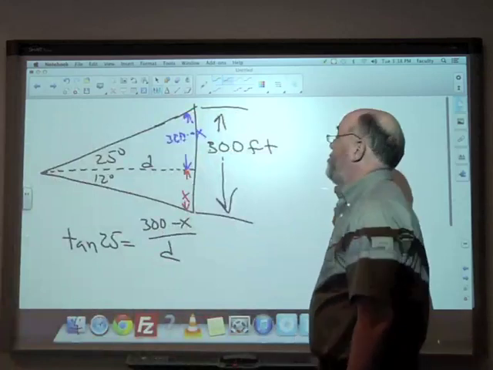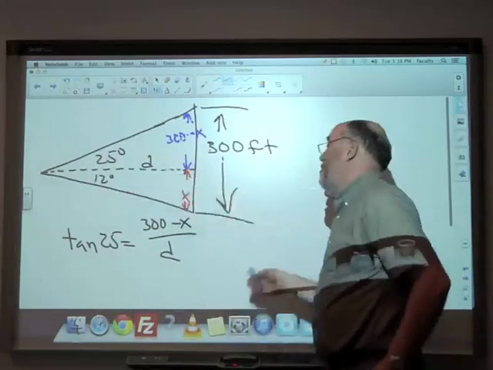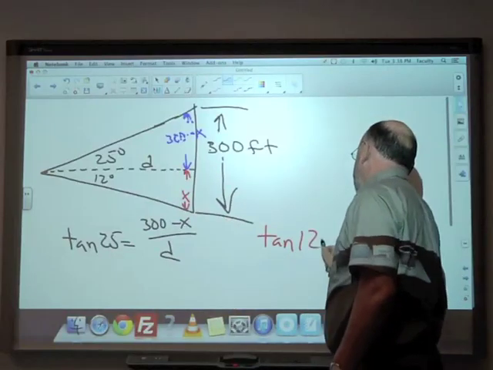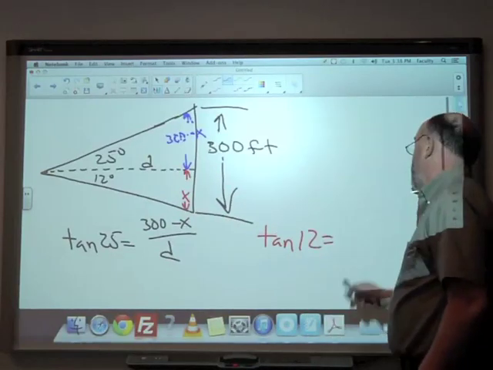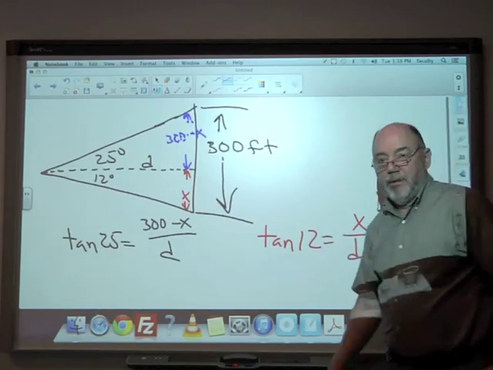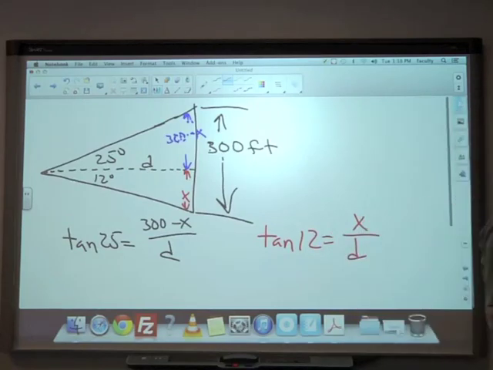Relative to my other triangle, we got the tangent of 12 is equal to x over D. Got a tangent, both triangles, right?